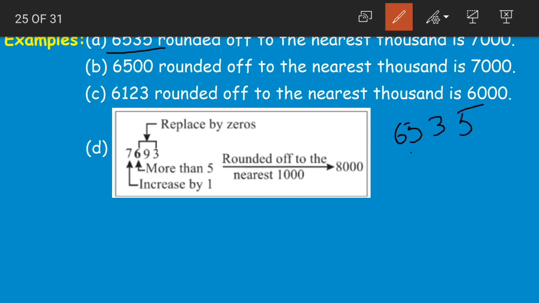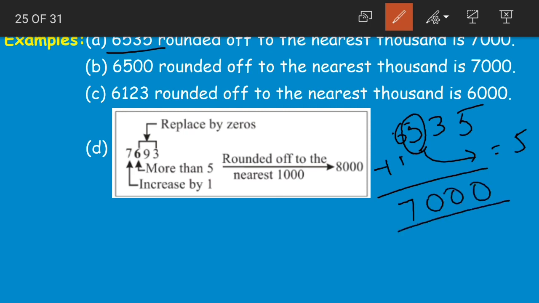Now how to round off? We are rounding off to the thousands, so look at the digit in hundreds place. It is equal to 5. So we add 1 to the digit in thousands place. 6 plus 1 becomes 7, and all the remaining digits become 0. So 6535 is rounded off as 7000.